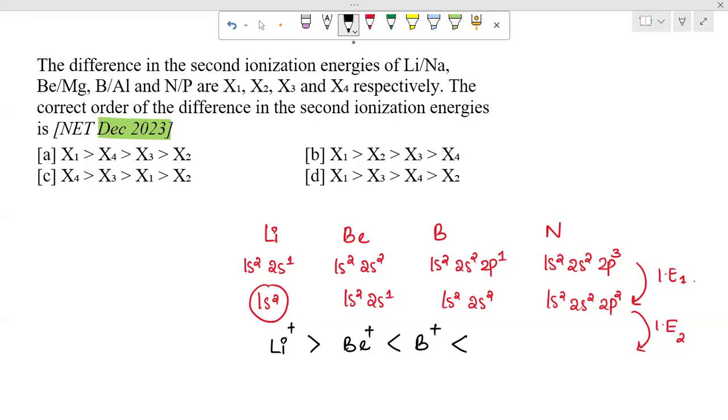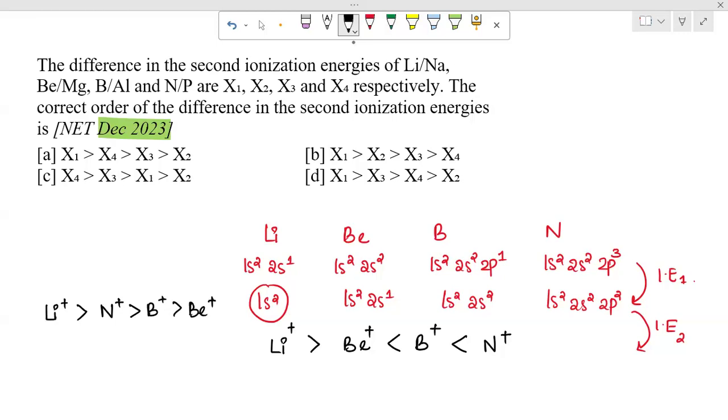You cannot compare in terms of penetration power because they are not adjacent, so you will have to take into consideration the Z effective. Z effective of N plus is higher and as a result, the ionization energy will also be higher. So noble gas configuration, lithium plus will show the highest, then N plus, then B plus, and then Be plus.